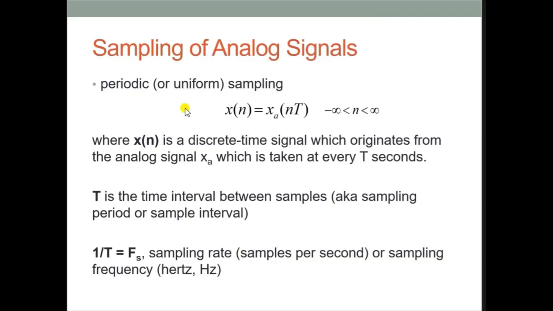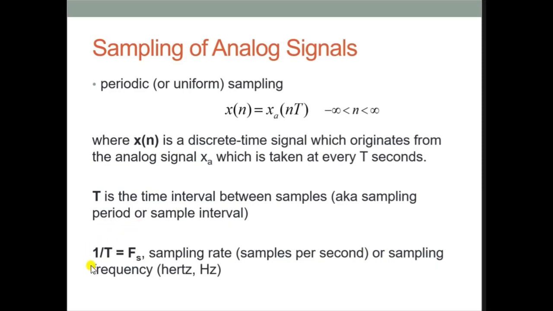What it means is that x[n] is a product of an analog signal taken at every T seconds, which produces a discrete time signal. So T is the time interval between samples, selang masa antara sampel, also known as the sampling period or sample interval.